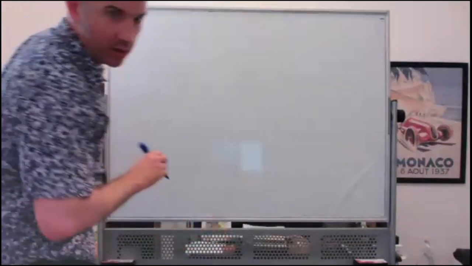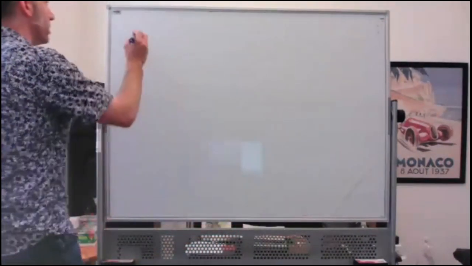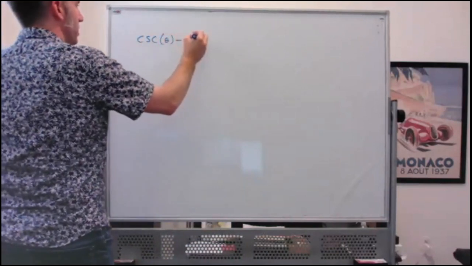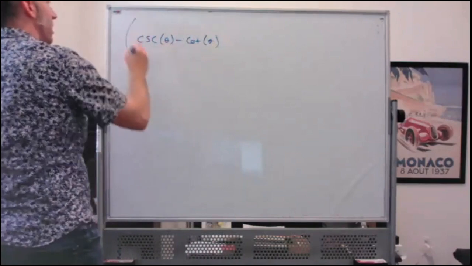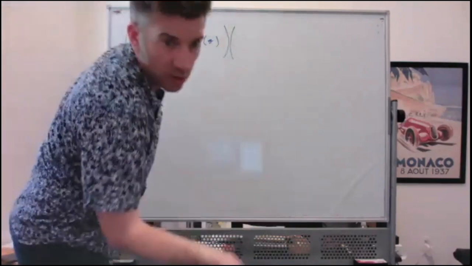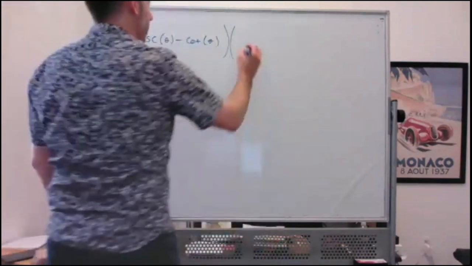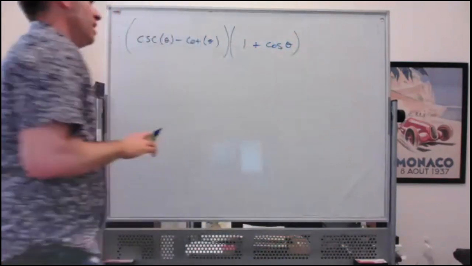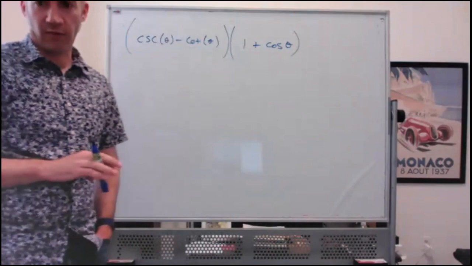The next one being another simplifying problem. Cosecant of theta minus cotangent of theta times 1 plus cosine of theta. I'm not sure. I might just FOIL this one out first.